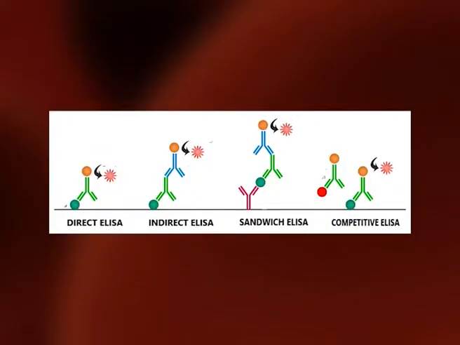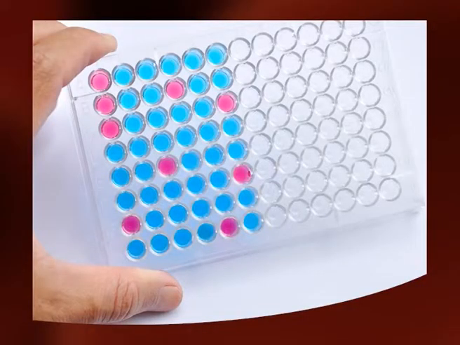ELISA is a plate-based assay technique which is used for detecting and quantifying substances such as peptides, proteins, antibodies and hormones. An enzyme conjugated with an antibody reacts with a colorless substrate to generate a colored product. Such a substrate is called a chromogenic substrate.